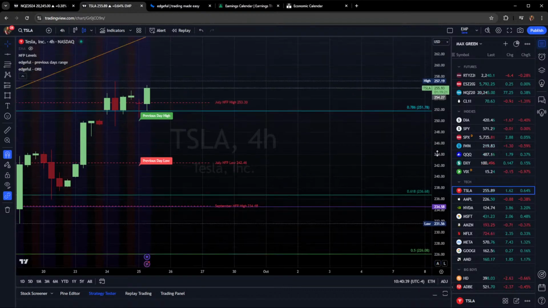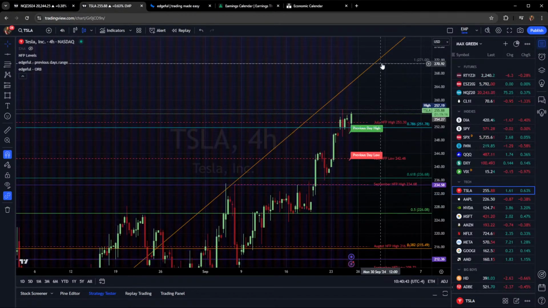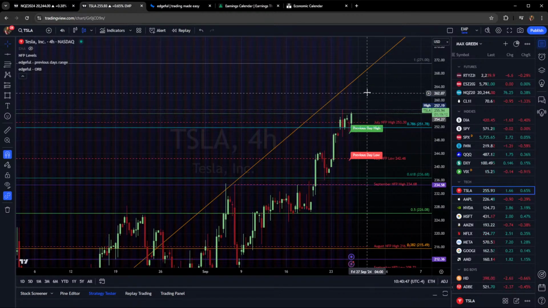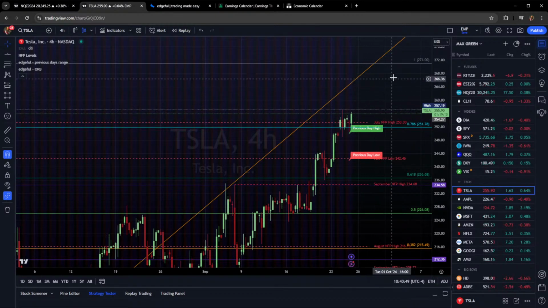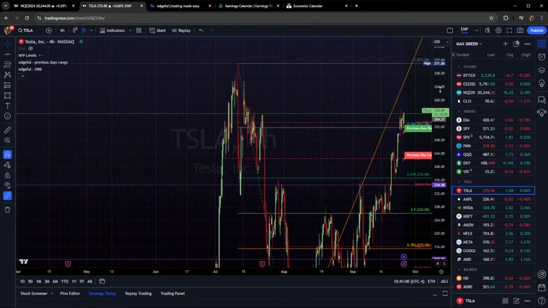That takes us back to that previous high. It may do something like this. That would be beautiful, right on the last day of the month for Tesla to close up here. That would look so good.